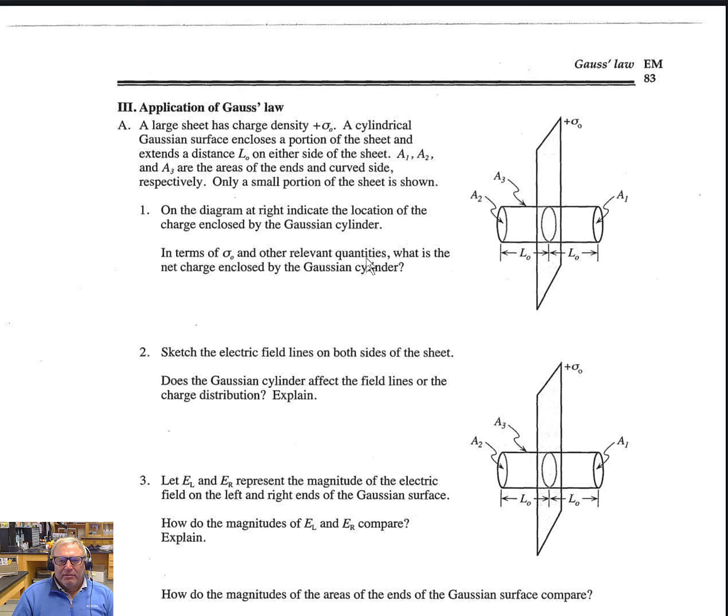All right. So indicate location of the charge. Location is here because that's where the charges are. And we're assuming this is a right cylinder. So that means it has constant radius, and the axis is perpendicular to the ends.